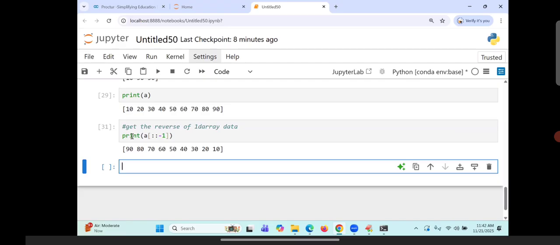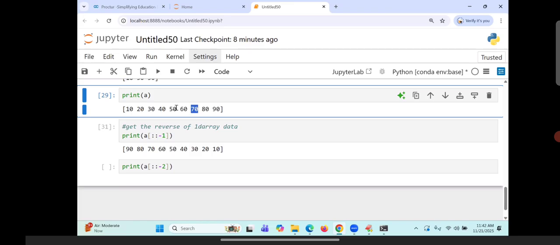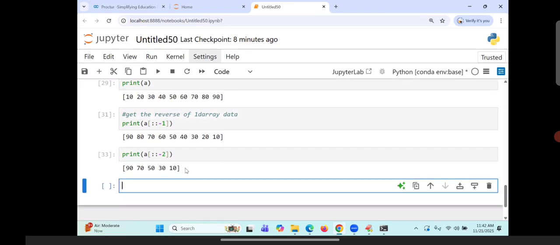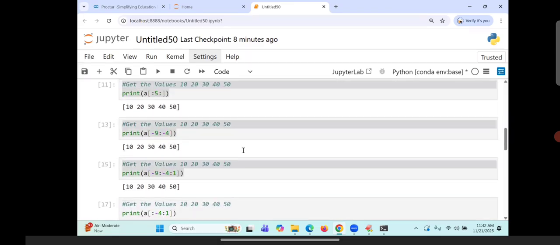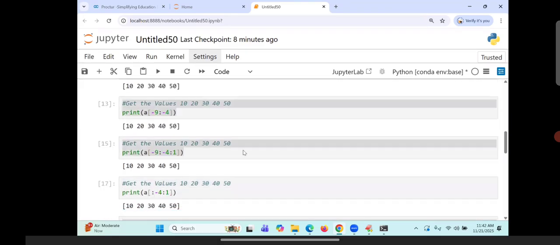If I write A of colon minus 2, what is the answer? 90, 70, 50, like this. So you are going to get it. Are you following me? These are all very straightforward, and you are already aware of all these things. I need not say anything.